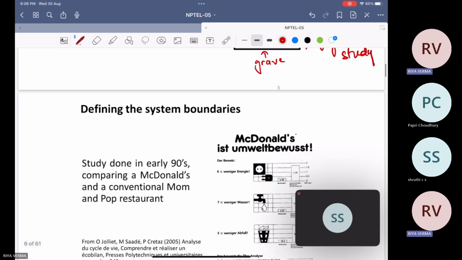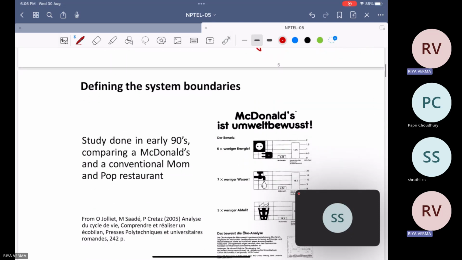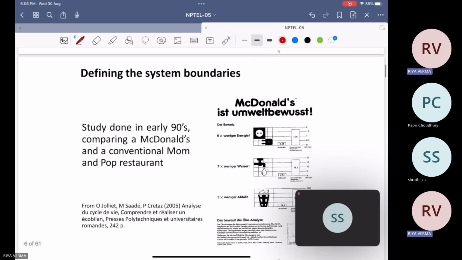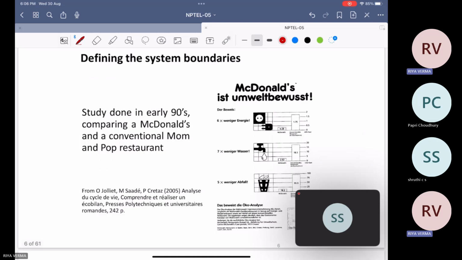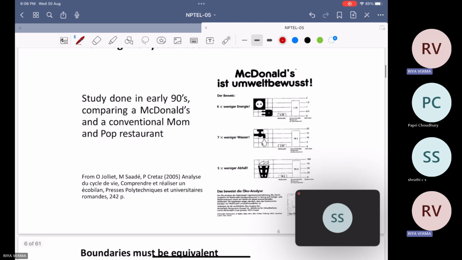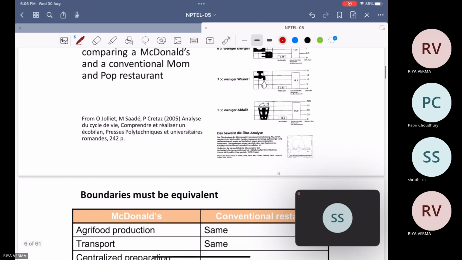Now, defining the system boundaries. To perform any life cycle assessment study, we need to understand the system boundaries. This is an example of a study done in the early 90s, which was used to compare a traditional McDonald's restaurant and a conventional mom and pop restaurant.